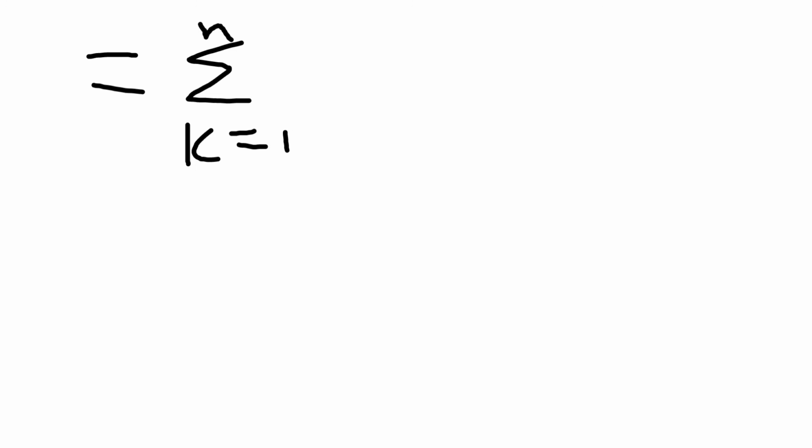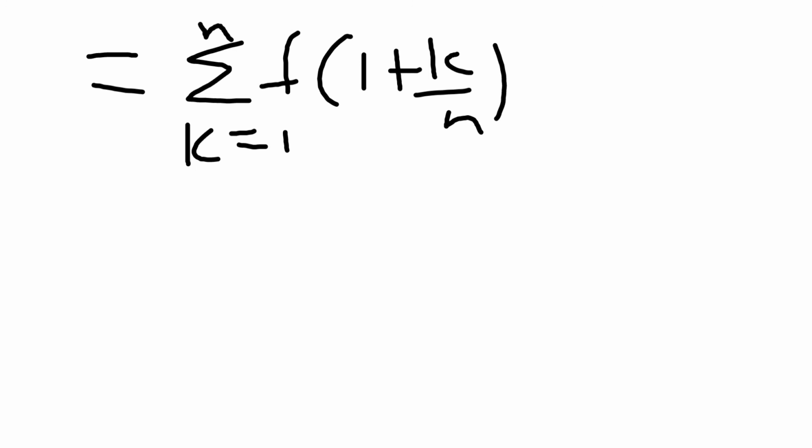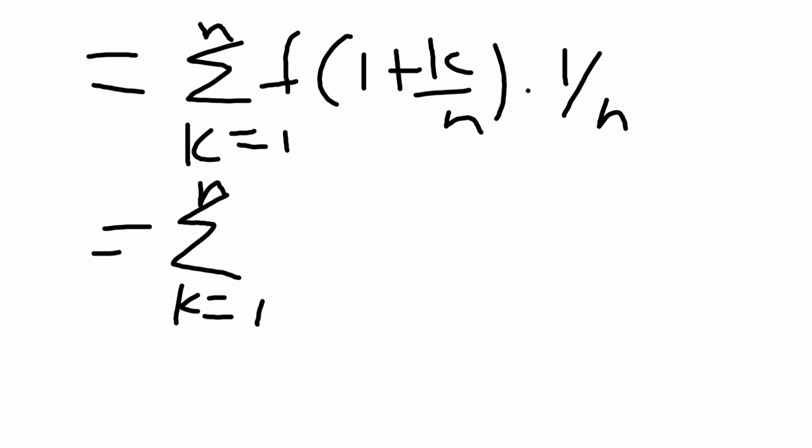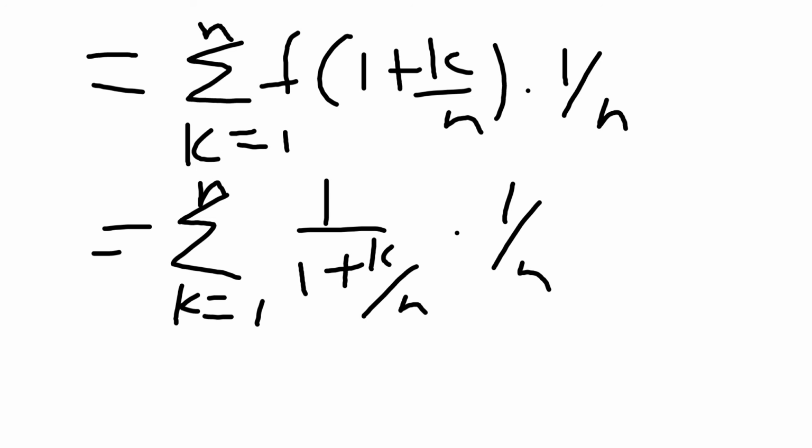What is our f? f of x is equal to 1 over x. So we will have f of 1 plus k over n times 1 over n, which is the mesh of the partition, and that is equal to the sum from k equals 1 to n of 1 all over 1 plus k over n times 1 over n. So if we look at this now, we'll see that what we have here is nothing different from an. This is exactly our an, what we are looking for.